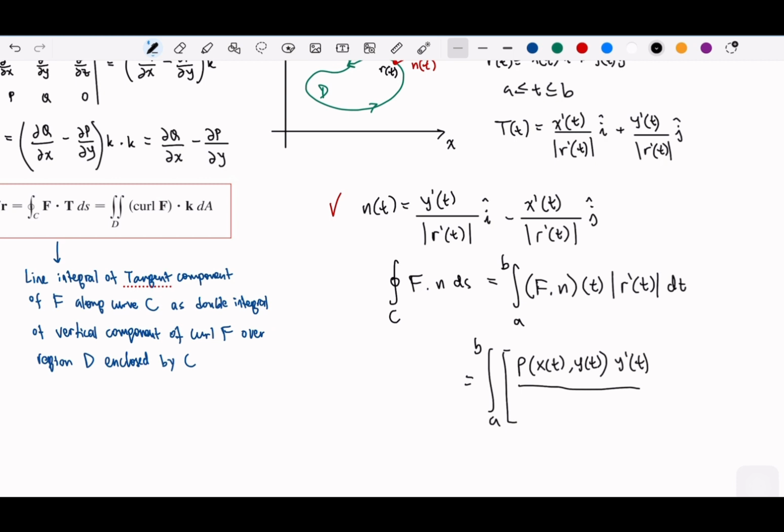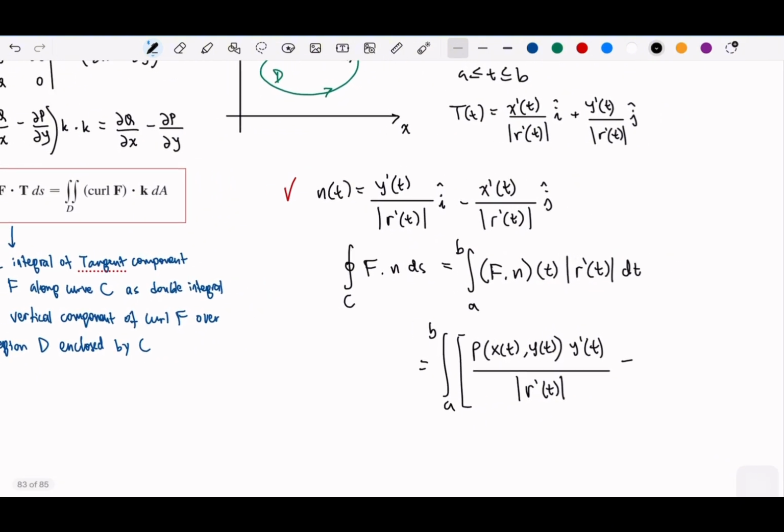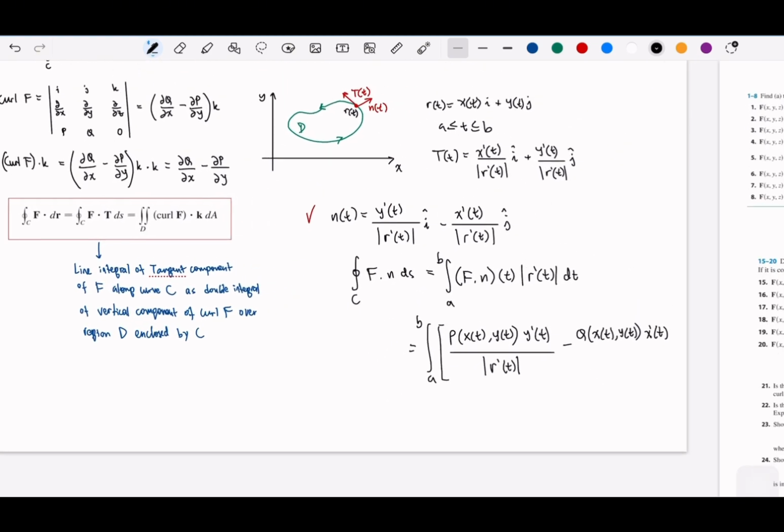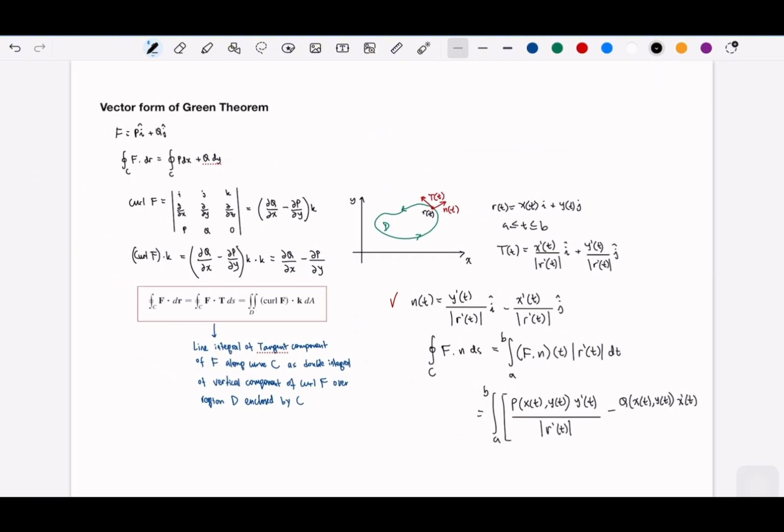And then divide with the magnitude of r prime. And then minus the Q, exchange the x with the parametric, and then x prime t. Oh, I need more space.